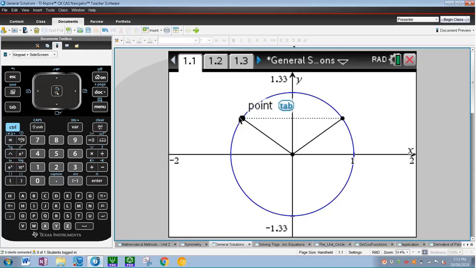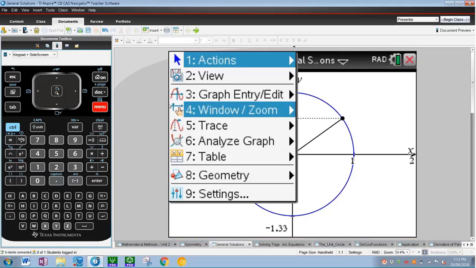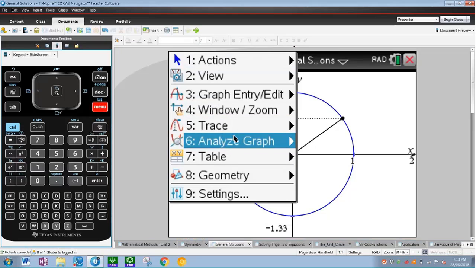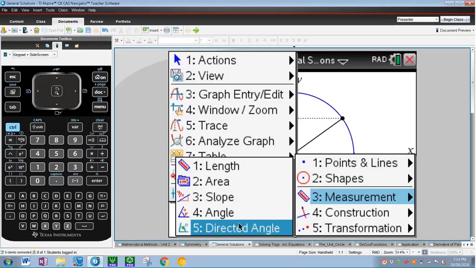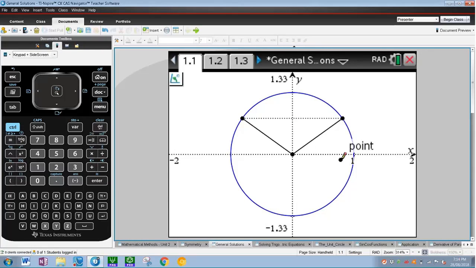If you do want to bring angles into it, you can actually modify the diagram quite easily. You can go to Menu, Geometry, Measurement, and Directed Angle. And from there, you can take the right-hand side, then the center, then this side, press Escape. And now what we've got is a directed angle from the x-axis to the top there. And as you move, of course, you can see the radians increase.